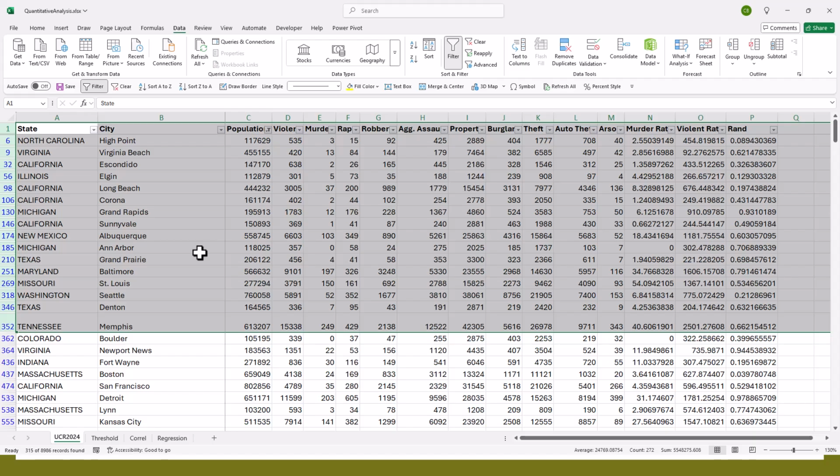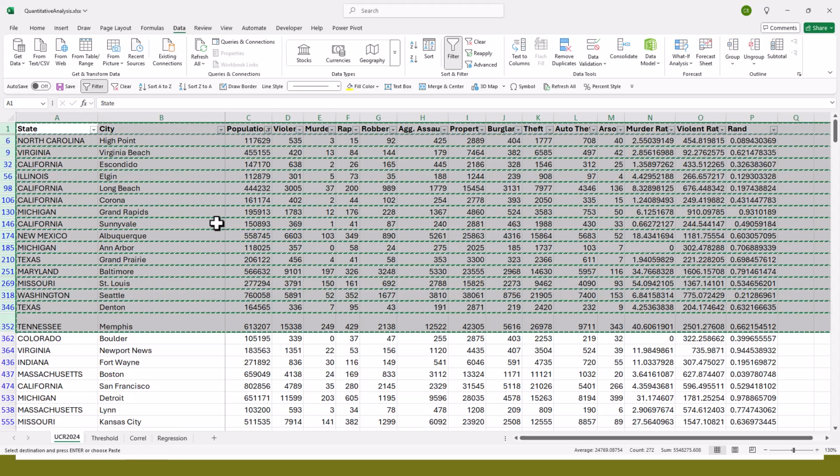You don't want to do less, but more is okay. So select the first 15 rows. More if you're willing to do more. I'm going to be asking you to individually look up the poverty rates for these cities. So 15 is probably the most that it's fair to ask you to do.